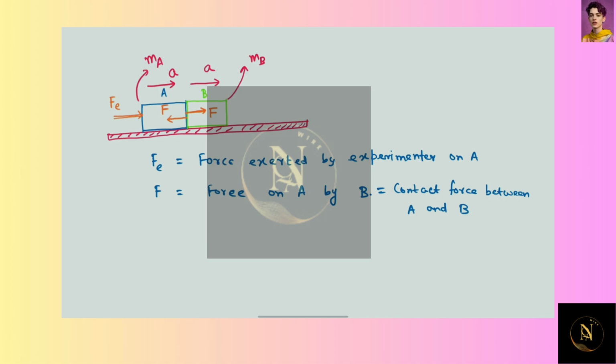Now on A block, a force is acting downward due to gravity. A normal reaction force will be acting upward due to the contact surface, the lower surface. Let's say that is Na, and F force is acting backward and Fe force is acting forward.